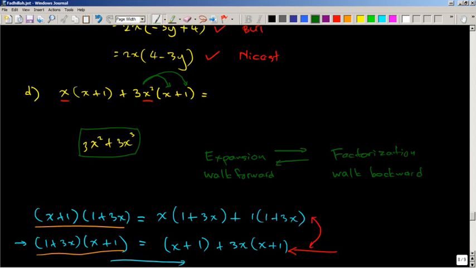So those are two different things. Bukan different thing, they are two opposite things. Opposite now. Expansion is walk forward, factorization walk backward. So when I ask you to walk backward, you go and walk forward, and then you reach different destination. Understand?